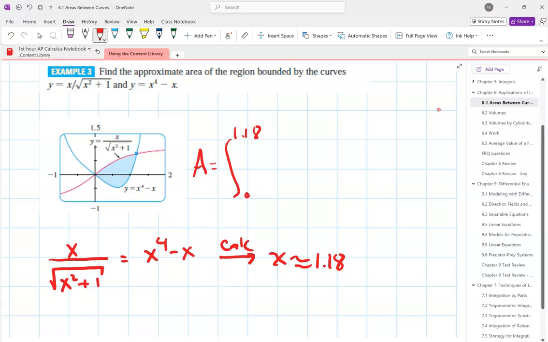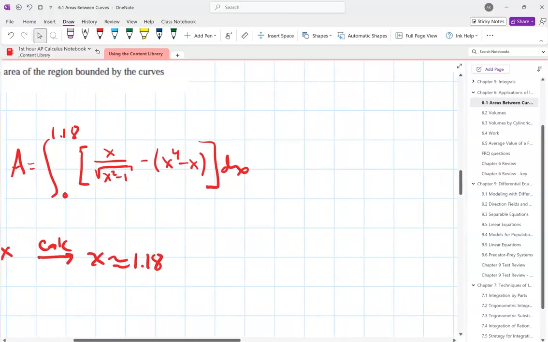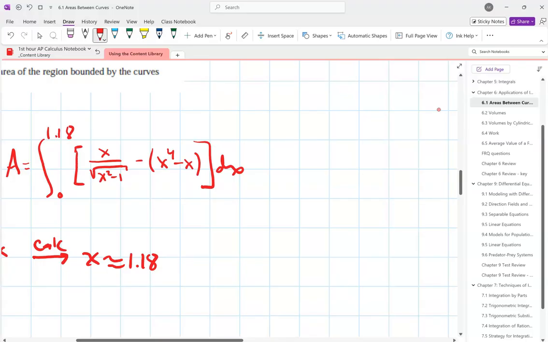And then what's my upper function going to be? Good. And my lower is going to be that guy. Oh, thank you.